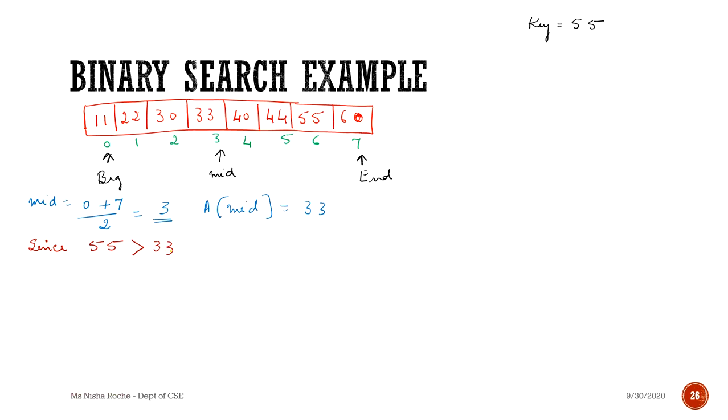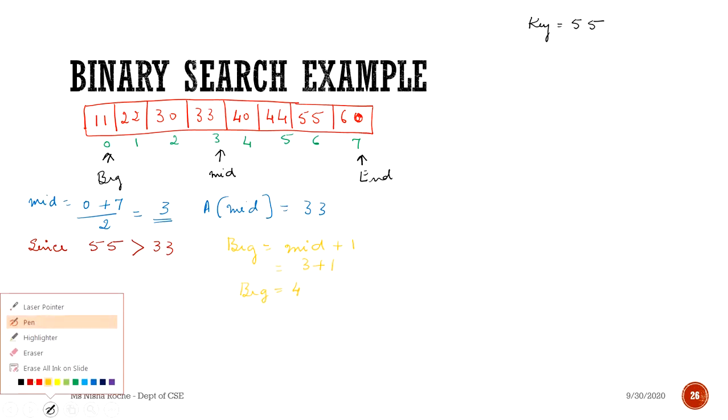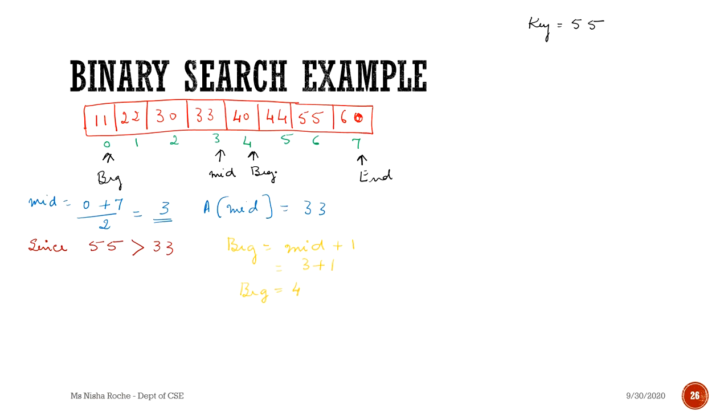Since 55 is greater than 33, update the beginning value. Beginning value will be mid plus 1. What is the index of the mid? Index of the mid is 3. So this is nothing but 3 plus 1, which is nothing but 4. So beginning is now updated to the value 4. So this is going to be the new beginning.